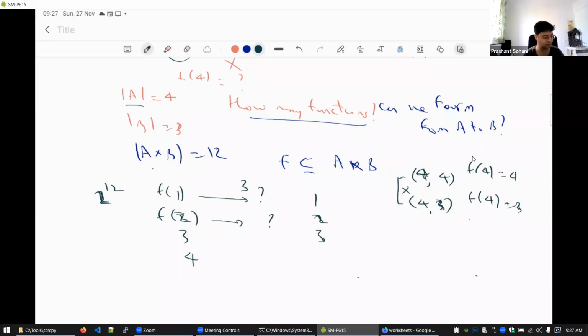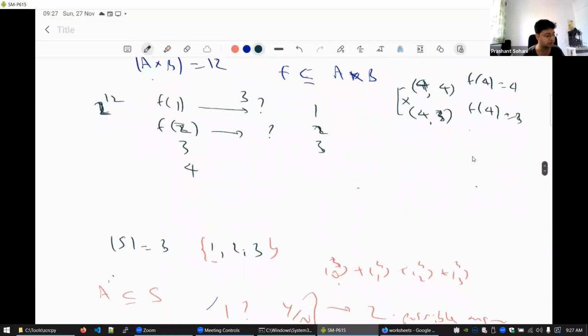No, so that means the basic definition of the function is not clear. You can have a picture like this: f of 1 is 1 and f of 2 is also 1. There is no problem with that. The reverse is not allowed. F of 1 taking 2 values is not allowed, but 2 elements having the same output is no problem.